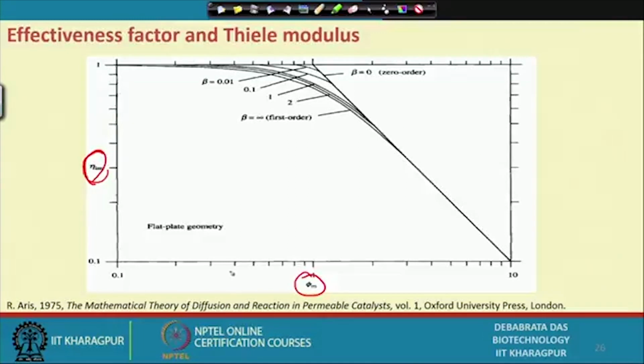If phi is less than 0.3, eta is equal to 1, but if it is more than 0.3, then your eta value is less than 1, that is, your mass transfer problem is more. Here, if beta is equal to 0, it is considered as zero order, and when beta tends to infinity, it is considered as a first order reaction.